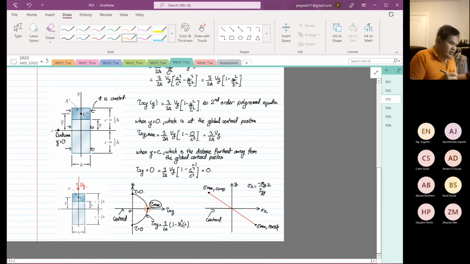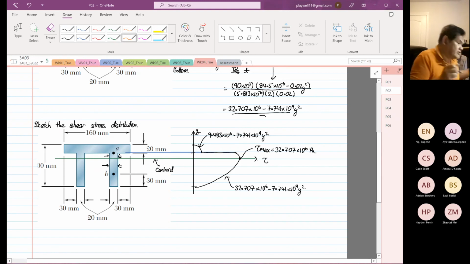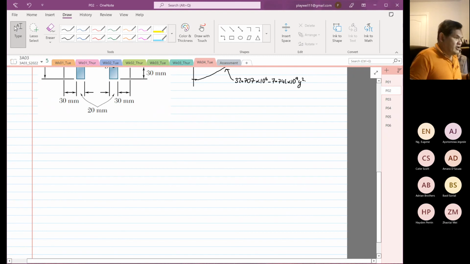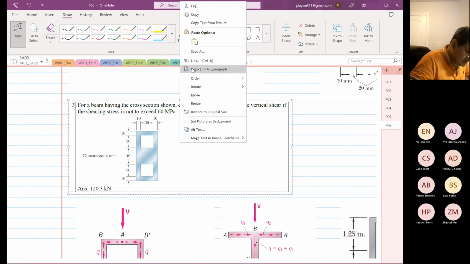But it's not always the case. For this case, you can see that the thickness is constant. For the case that we have, it happened to be that the thickness at the centroid is the smallest. So I'm going to do one example for you where the centroid does not have the highest shearing stress. I've posted all these diagrams on Avenue to Learn so that you could see. So we are going to do this example now.